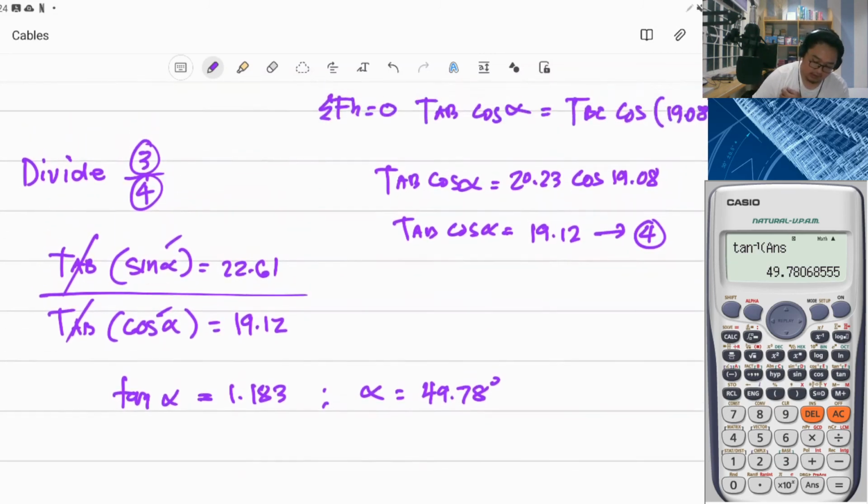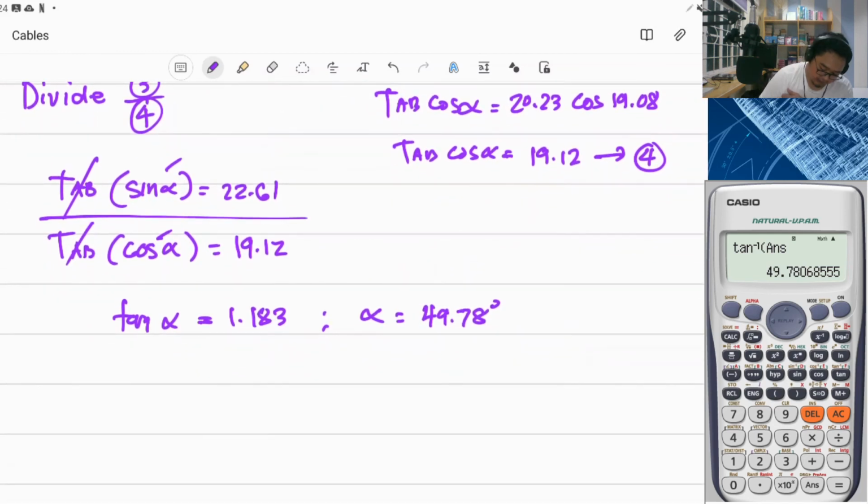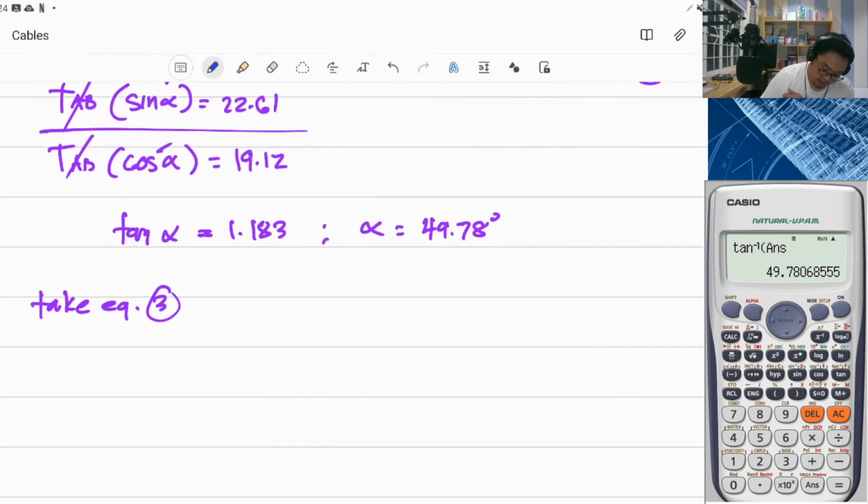Okay, so if we have this alpha, we can now solve TAB. Take equation 3. So what is equation 3? TAB times sine of alpha equals 22.61.